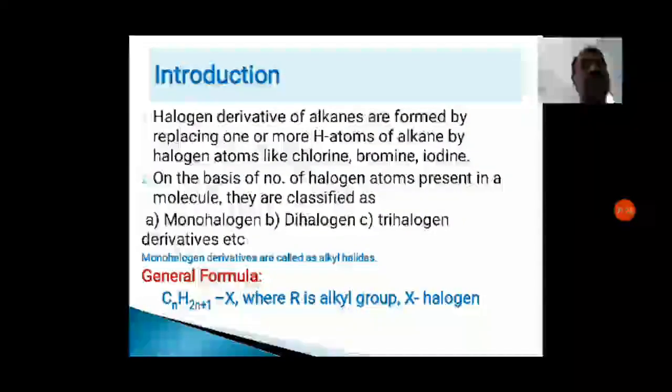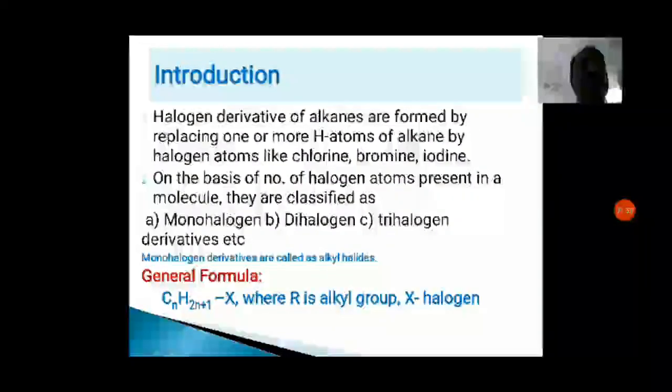Now what is the general formula of an alkyl halide or monohalogen derivative? Monohalogen derivatives are generally called alkyl halides, and the general formula is CnH2n+1X. What is the general formula of an alkane? The general formula of an alkane is CnH2n+2.